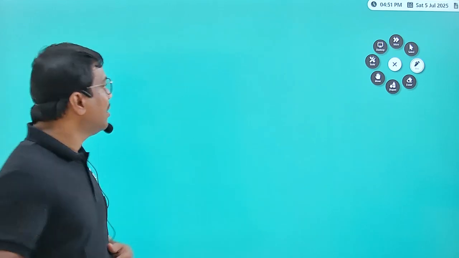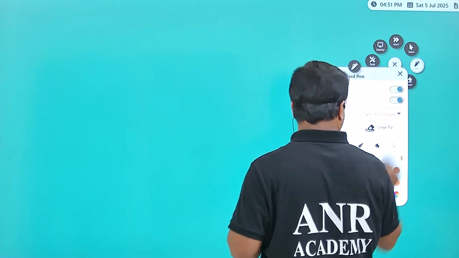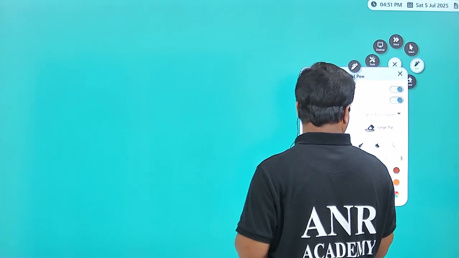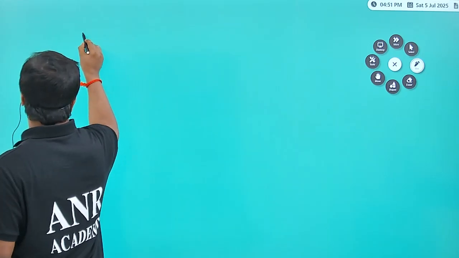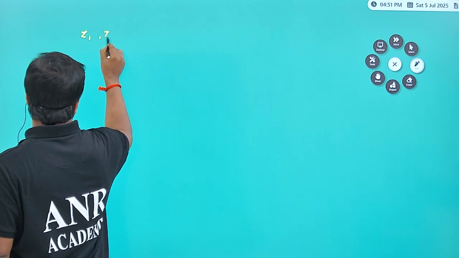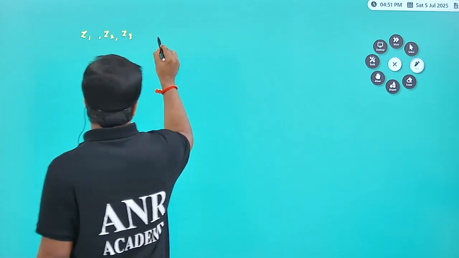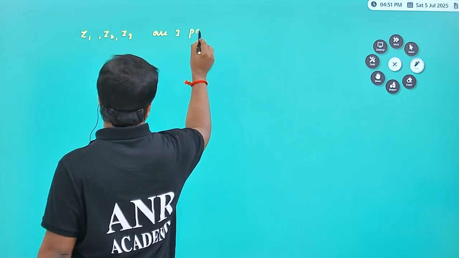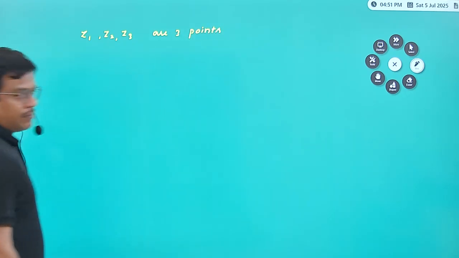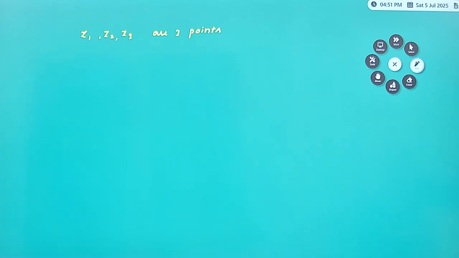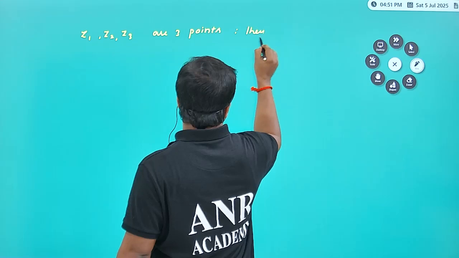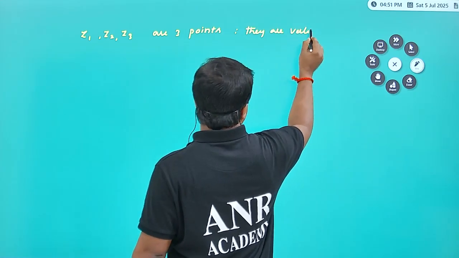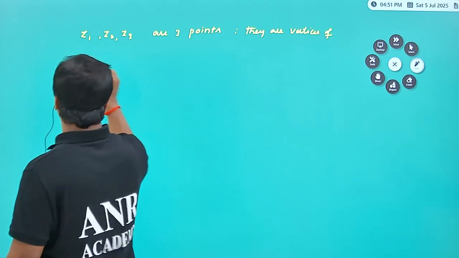Suppose that the question is: Z1, Z2, Z3 are 3 points, and they are vertices of an equilateral triangle.